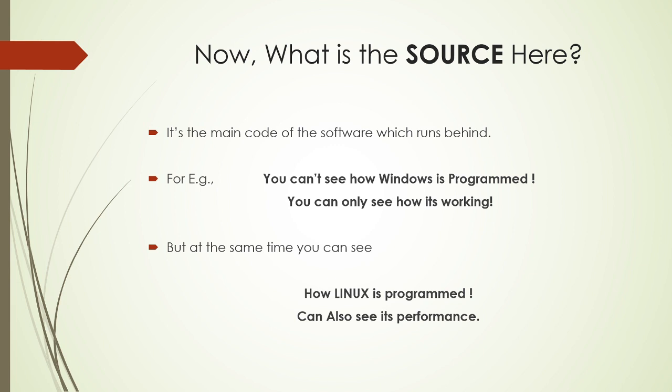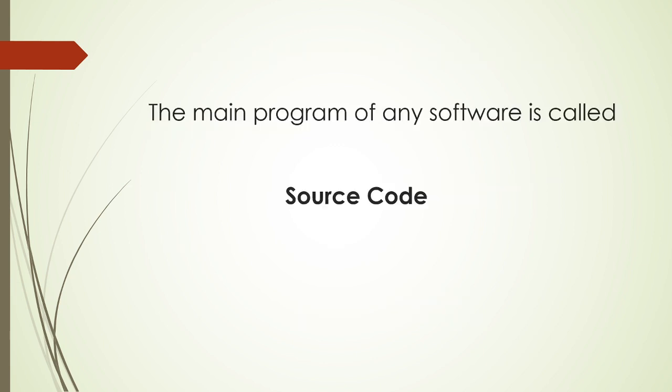You cannot see the source code of any operating system like Windows, but you can see the source code of software that is open source. So that's the main meaning of source code. Like I previously explained, the main program of any software is called source code.